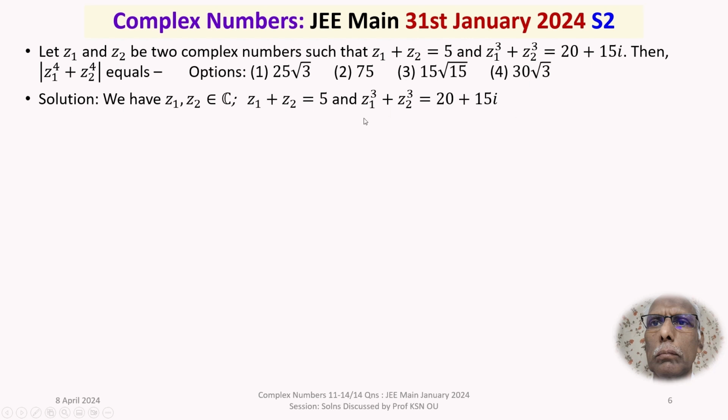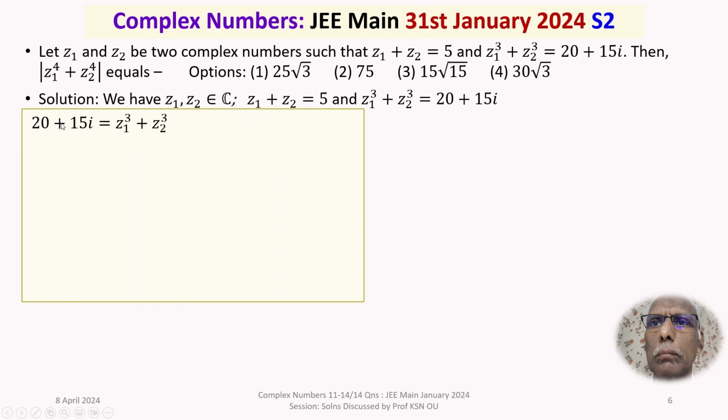So, from this we will find the product Z1 Z2. 20 plus 15i is equal to Z1 cube plus Z2 cube, like A cube plus B cube. So, we write it as Z1 plus Z2 whole cube minus 3 Z1 Z2 multiplied by Z1 plus Z2.